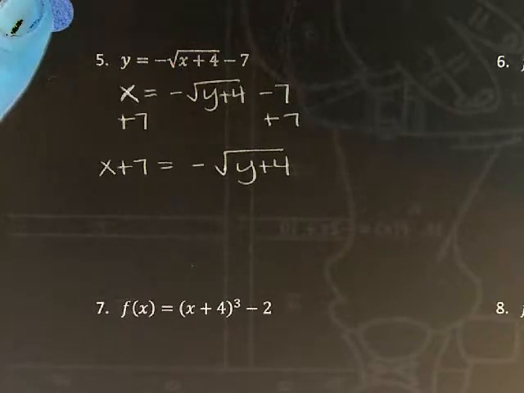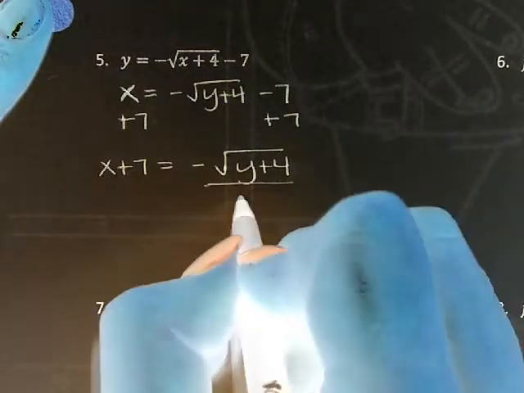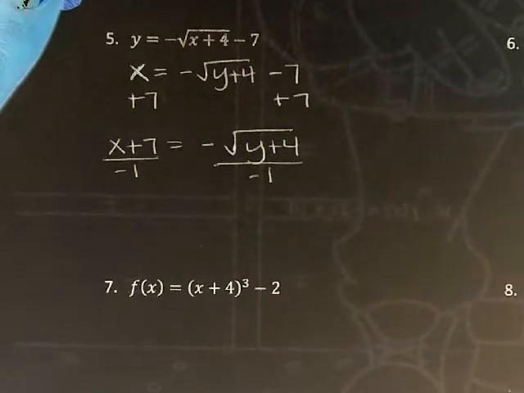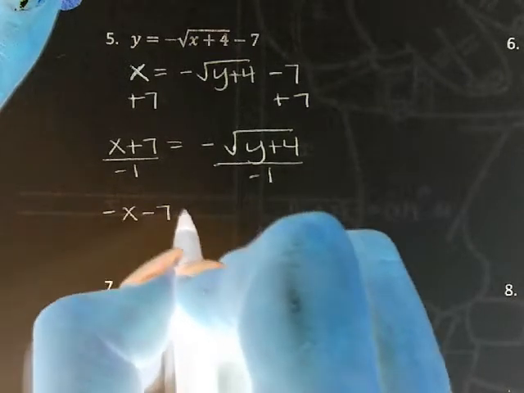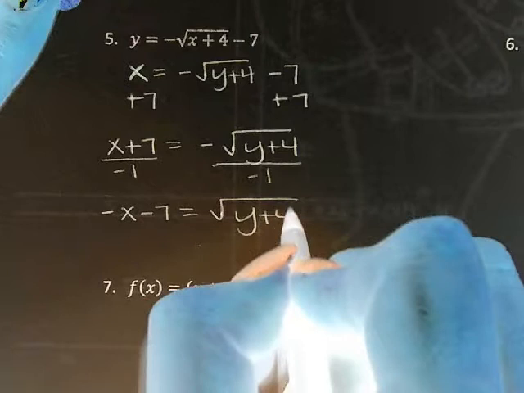Yeah, divide by -1, or you could multiply by -1. Either way is fine. Okay. So divide by -1, divide by -1. And what does that give you? -x minus 7 equals the square root of y plus 4.